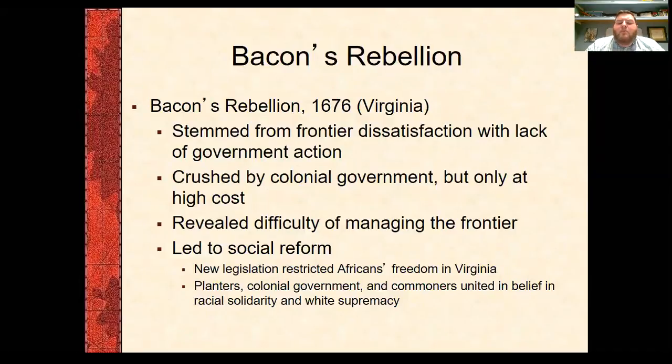And so what this does is it brings those elite planters in government along with the commoners together in this united belief that even though they're different in a lot of different ways, especially socially and economically, they come together, unfortunately, under this idea of racial solidarity and white supremacy.